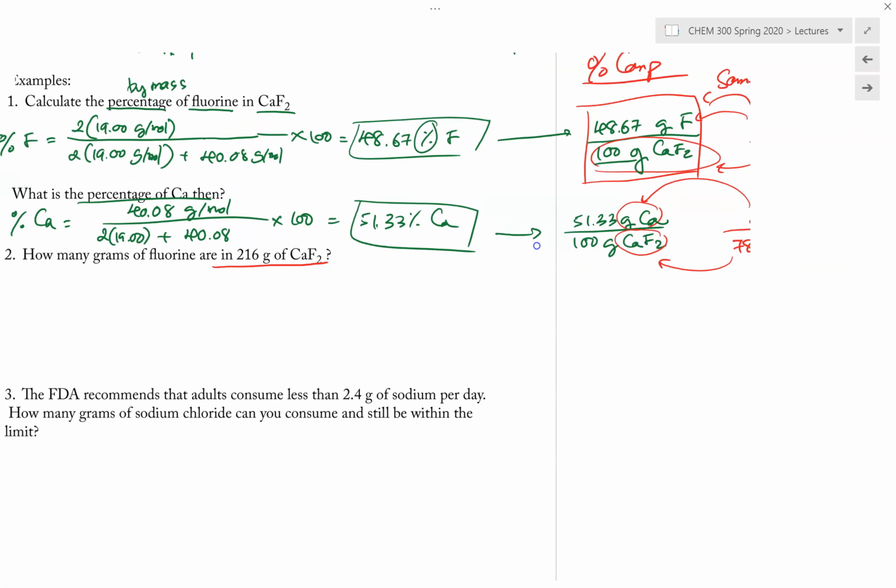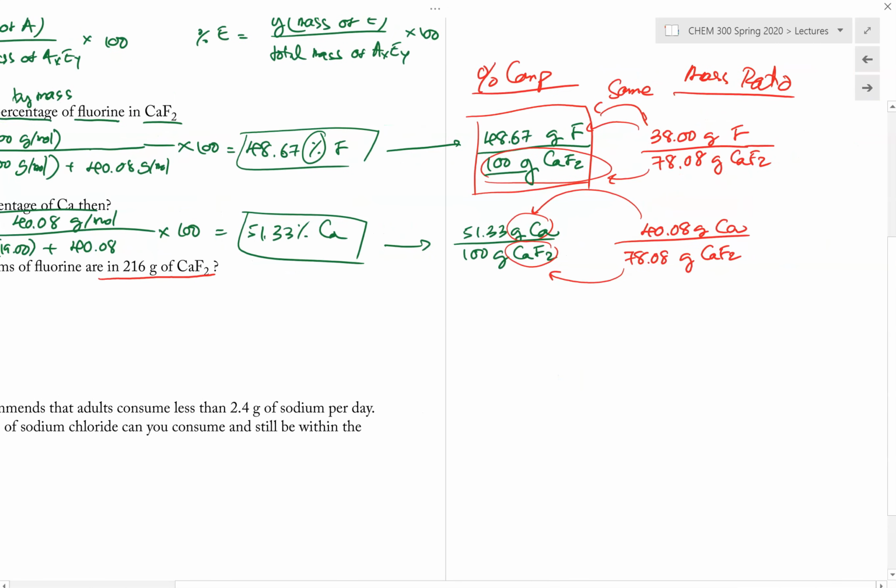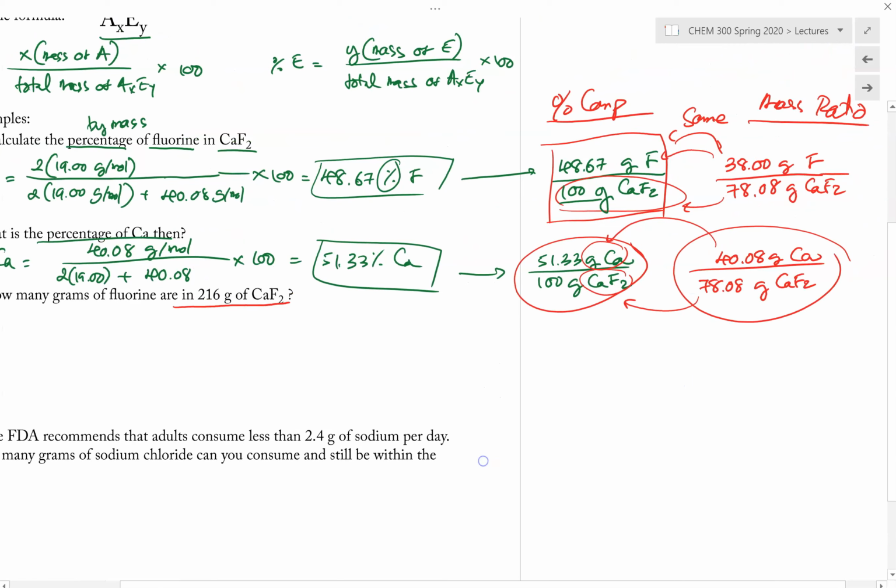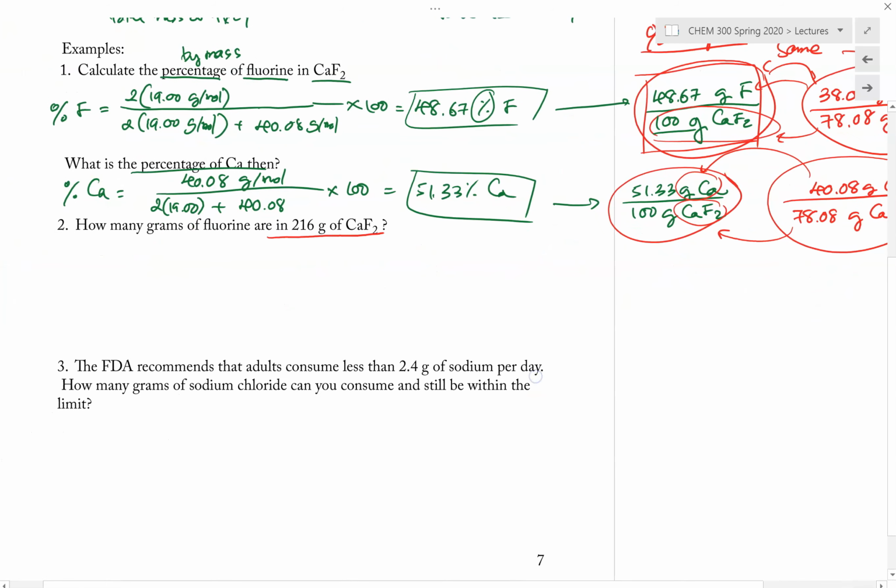So in this case, we can use either the percentage of composition or the mass ratio as the conversion factor to do this calculation. Let's try this example starting from 216 grams of calcium fluoride.